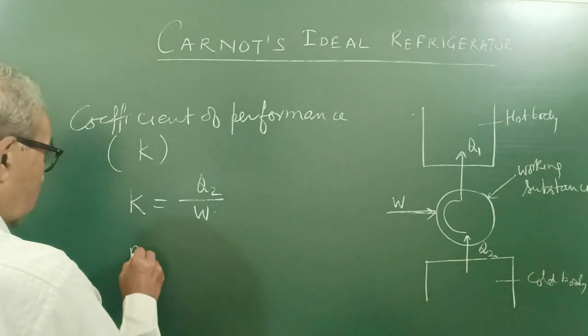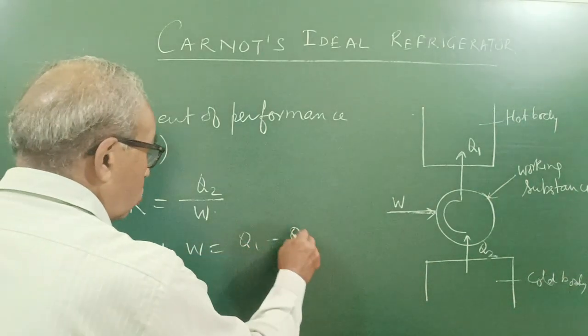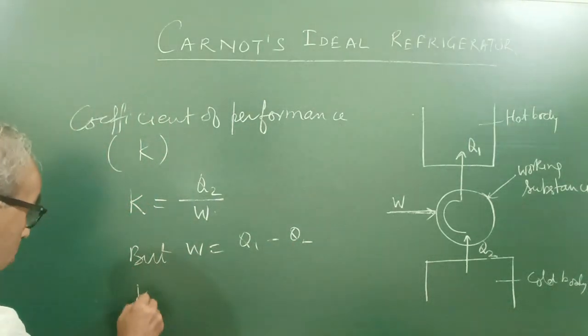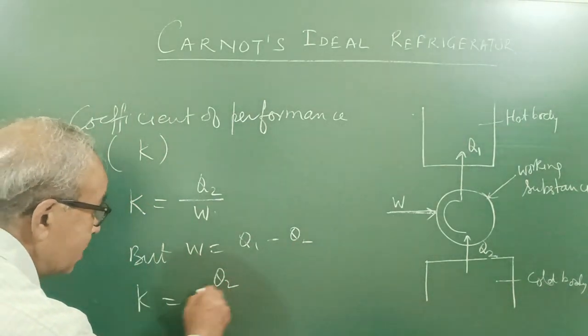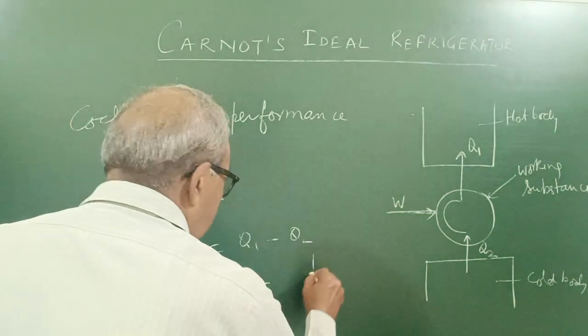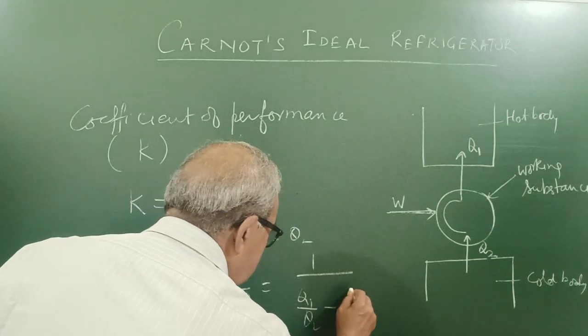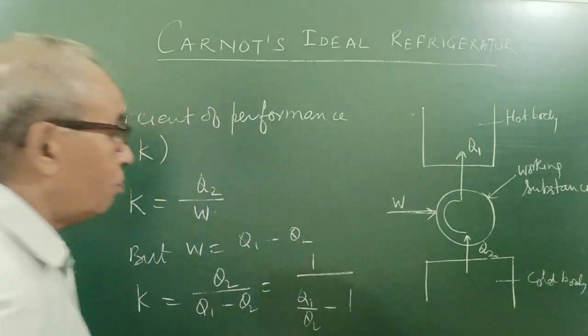K equals Q2 upon W. But W equals Q1 minus Q2. So K equals Q2 upon (Q1 minus Q2), which is equal to 1 upon (Q1 upon Q2 minus 1).